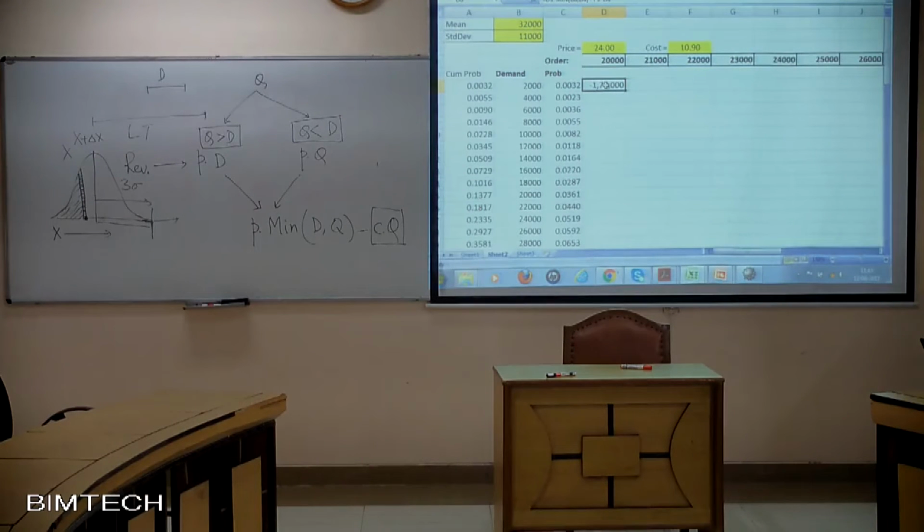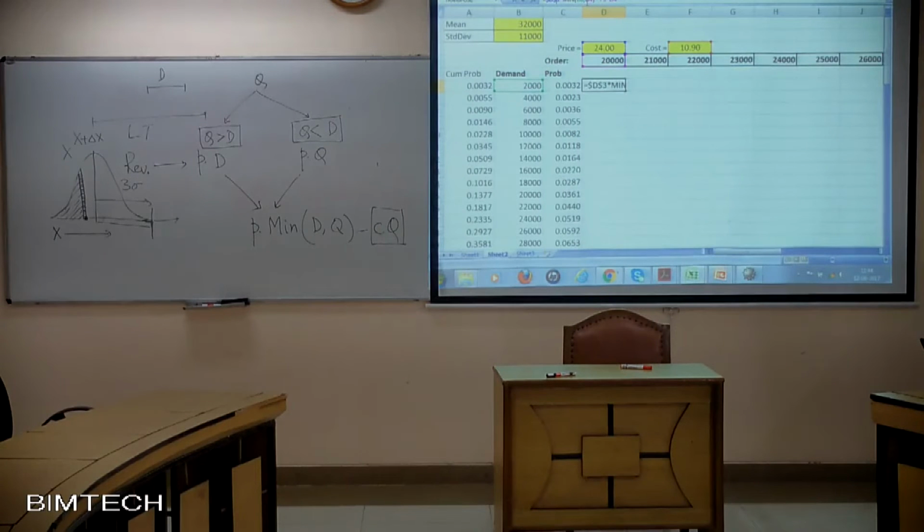Now, because I'm going to copy this throughout the space available for each of the demand values and each of the order quantity values, I'm going to put some dollar signs in our formula. So let us look at D3. Now D3 is our price. Okay, I want to freeze price completely. So I will put $D$3. Okay.